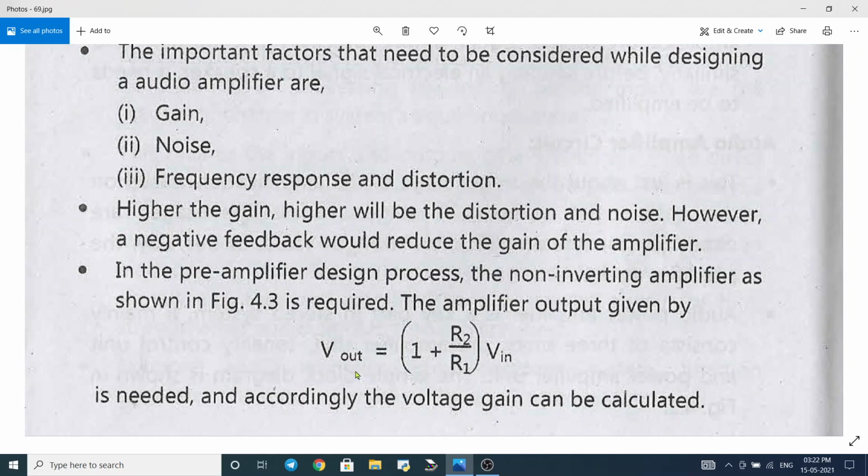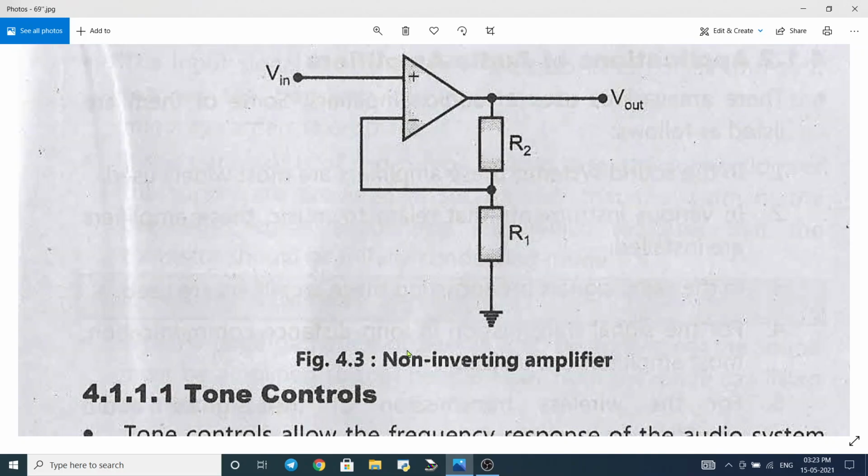The output voltage Vout equals (1 + R2/R1) times Vin. So accordingly the voltage gain can be calculated. So a non-inverting amplifier can be used to obtain the desired voltage gain.